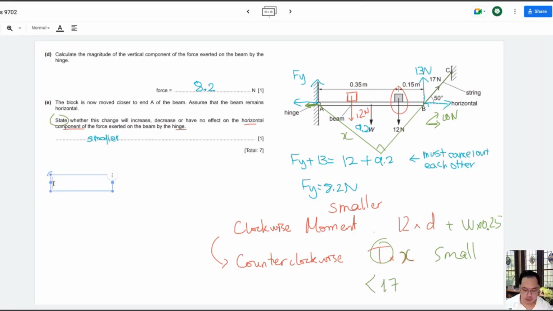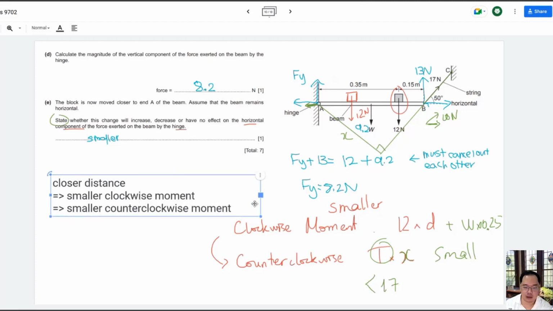So in summary, closer distance of the force results in lower, smaller clockwise moment, which results in smaller counterclockwise moment also. Smaller counterclockwise moment means smaller tension. Finally, smaller hinge force.